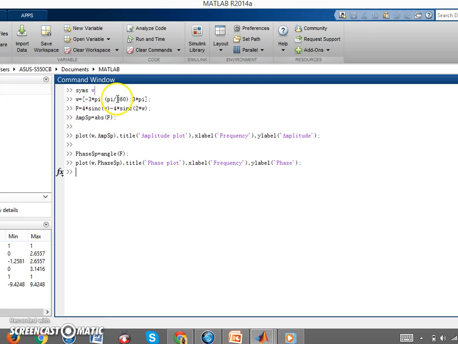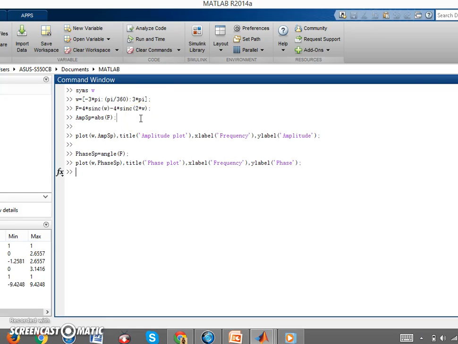The pi over 360 is to stabilize the graph so that the graph will be smooth, and the function will be 4 times sinc omega minus 4 times sinc bracket 2 omega.